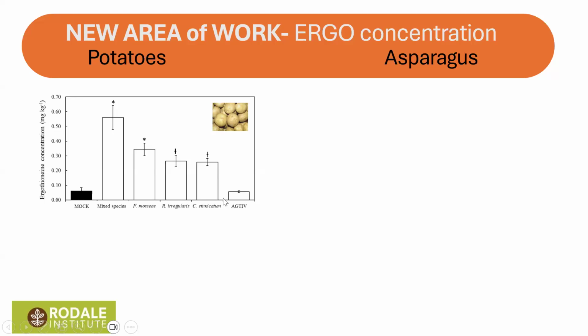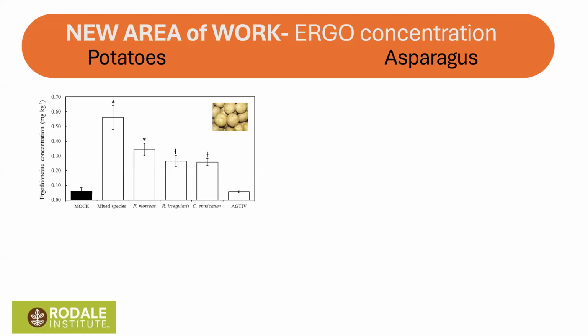Definitely you could see that where we did not apply any of the mycorrhizae, the ergothioneine was less than 0.1 milligram per kilogram, whereas when we applied the inoculum that has the mixed species of fungi taken from the vegetable systems trial, organic system, it really gave at least 0.55.